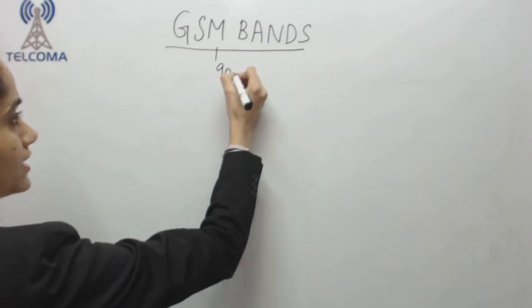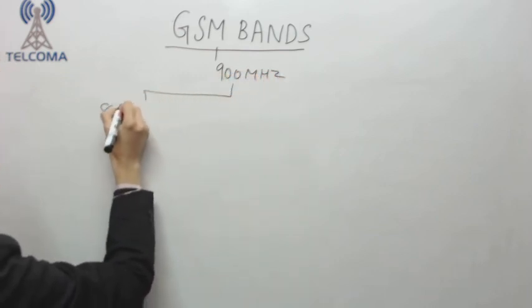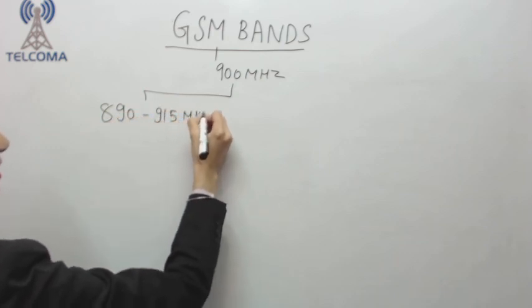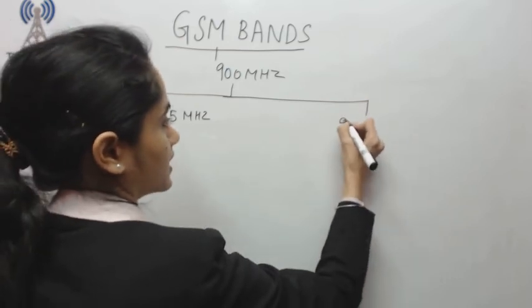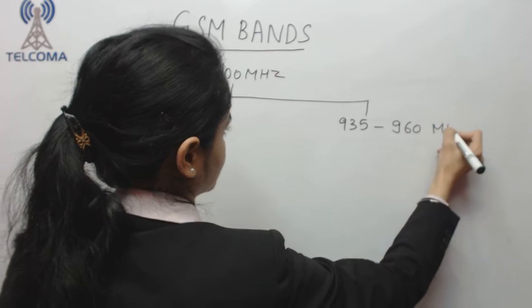Talking about the 900 megahertz band, as per its division it is 890 to 915 megahertz and 935 to 960 megahertz.